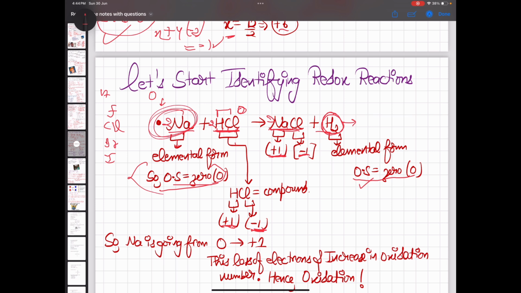How do I know it is +1? Look at the periodic table, find group 1. Group 1 are metals. Metals want to lose electrons. Group 1 has a valency of 1. And if they want to lose electrons, the oxidation state will be +1. So that is why Na is +1.